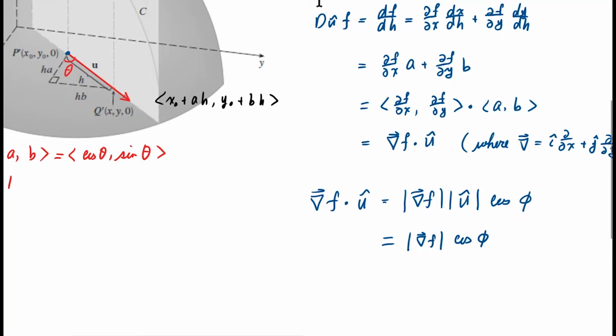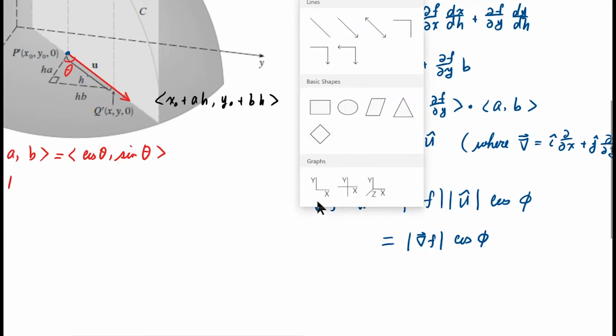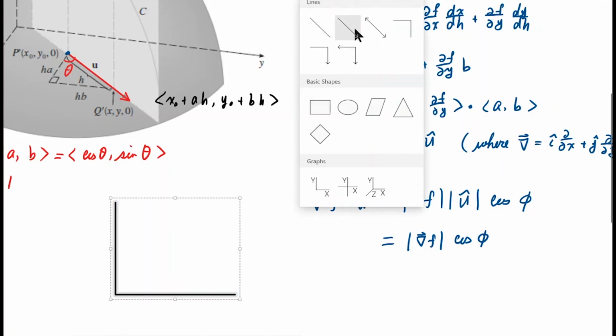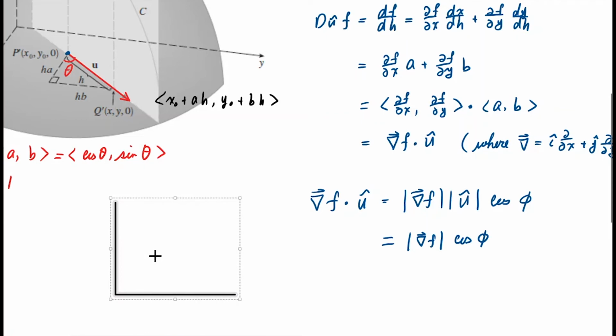Okay, I'm going to give you a picture. So what does that look like? Say we have this kind of coordinate system, and say we have u going off in one direction. I'm going to change that to black color. And then I'm going to say our u was somewhere here, in this direction. I'm going to put it in red because I used red. So this is my u.